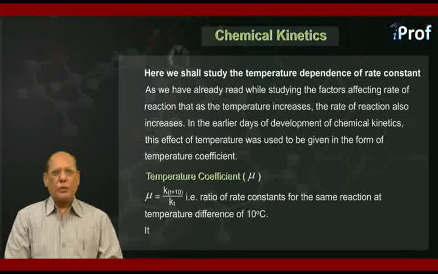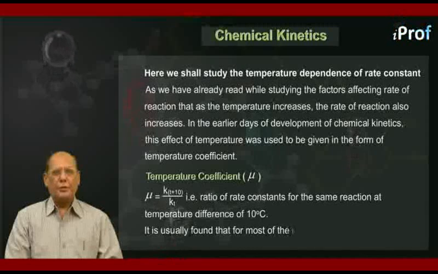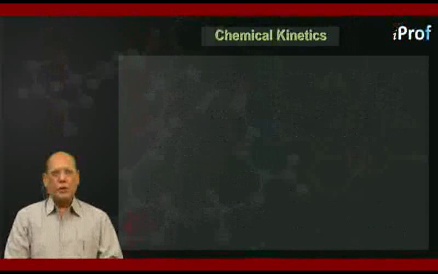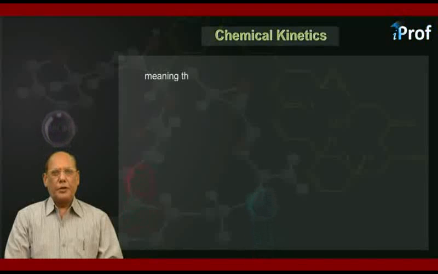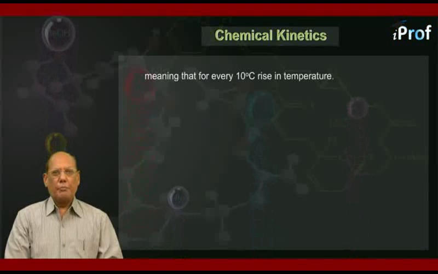It is usually found that for most of the reactions, mu, that is equal to K(T+10) upon K(T), is approximately equal to 2 to 3. Meaning that for every 10 degree rise in temperature, rate must become double to triple.